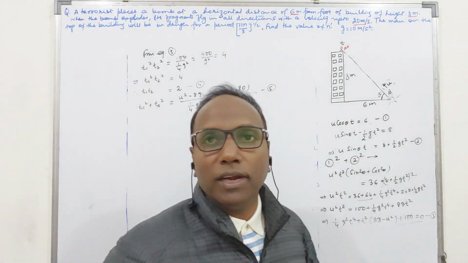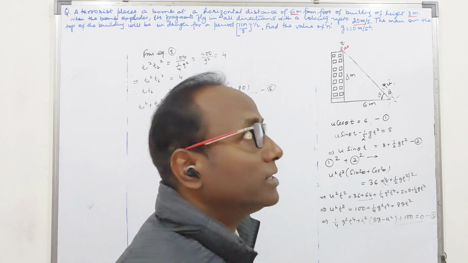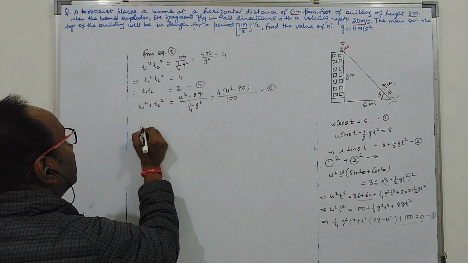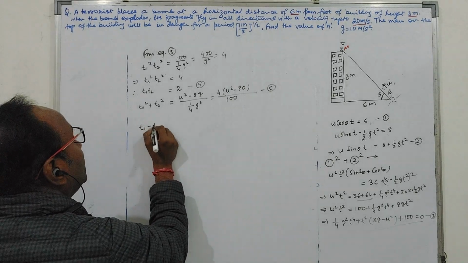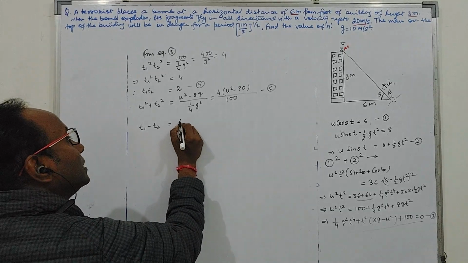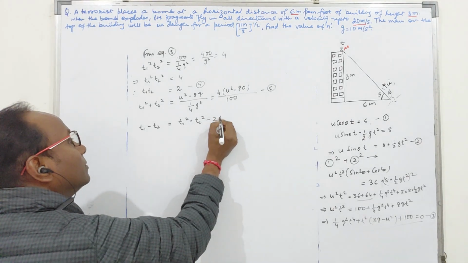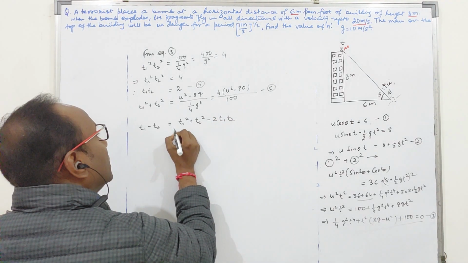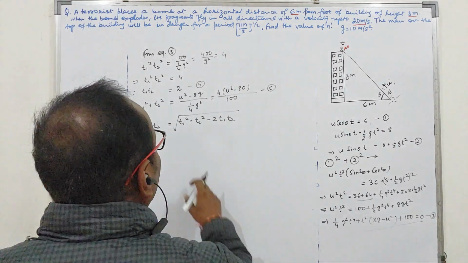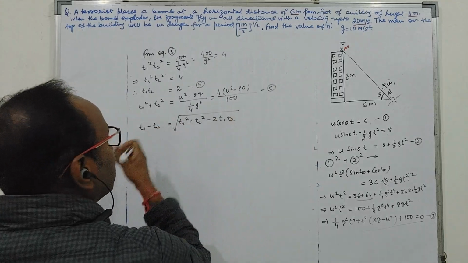Our interest is to find the difference between t1 and t2. That is the period during which this man will be in danger. So t1 minus t2, if we write t1 minus t2, then what should happen? We should write the square root of t1 square plus t2 square minus 2 t1 t2, correct? Because this is t1 minus t2 whole square, so the square root is t1 minus t2.